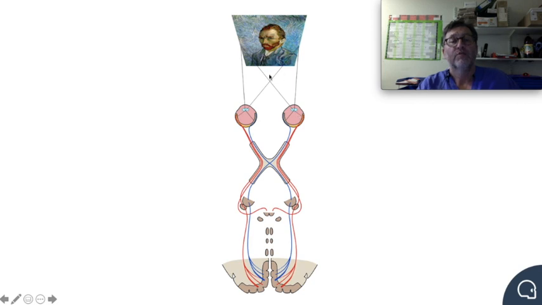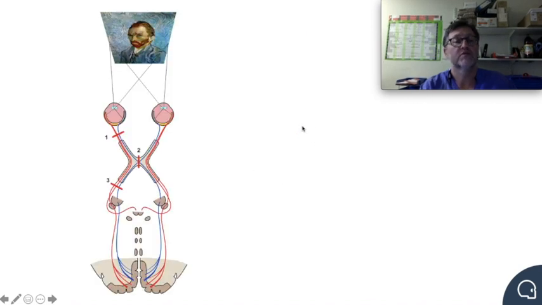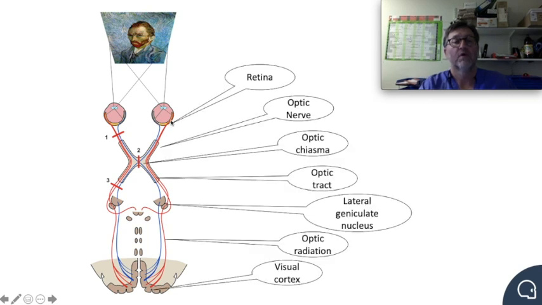So here we can see a similar principle, and we've got different parts of the visual pathway. We've got the eyes. Let's just draw those in detail. We have the eye and the sensing organ, the retina. The nerves go through the optic nerve.